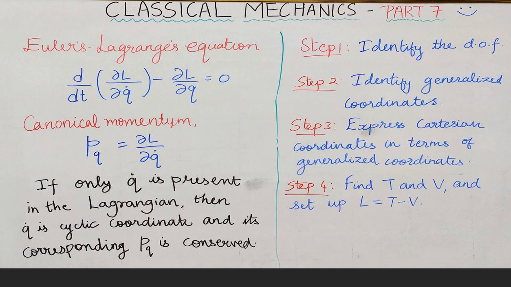But if I give some other Lagrangian in which only Q dot is present and Q is not present, then we say that Q is a cyclic coordinate. So just remember, if only Q dot is present in the Lagrangian, then Q is the cyclic coordinate. It can be x dot, y dot, z dot, theta dot, anything. Okay, so only the derivative should be there and the quantity itself should not be present. So such coordinates are called cyclic coordinates, and their corresponding momentum is conserved.